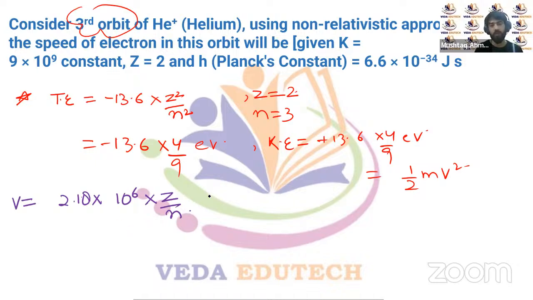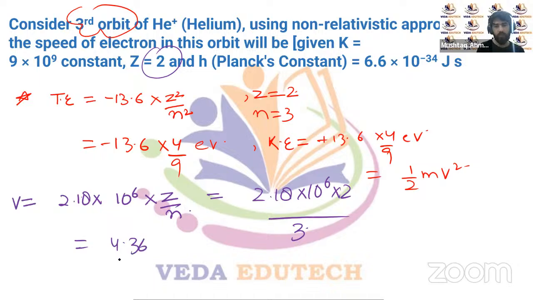So here we have the helium atom, and the Z value will be equal to 2. You can put Z equal to 2, so it will be 2.18 into 10 to the power 6 multiplied by 2 divided by the value of n, that is 3. Accordingly, it will be 4.36 divided by 3, multiplied by 10 to the power 6, in units of meter per second.